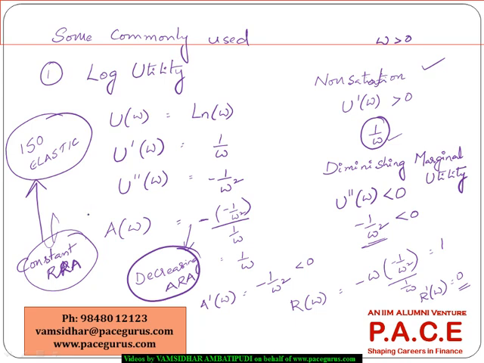Even if the wealth is increasing, the relative risk aversion levels remain constant.